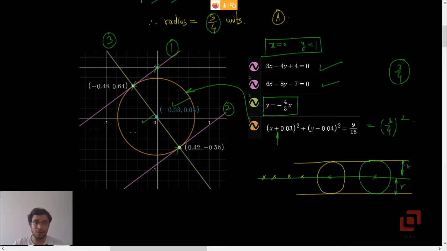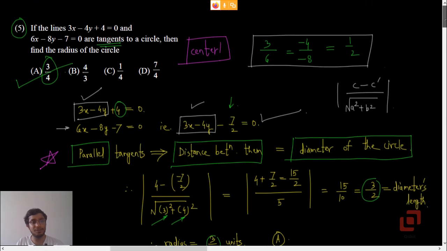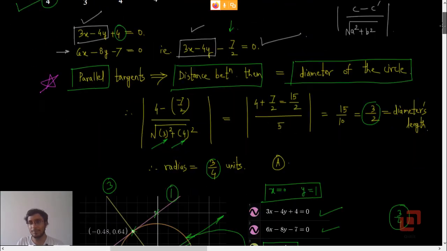Okay, but if we draw a line parallel to these two lines through the point negative 0.03 comma 0.04, then you will find that all these points will serve as centers of the required circles. Clear? Okay, so that completes our 5th MCQ. Let's go to the 6th one.